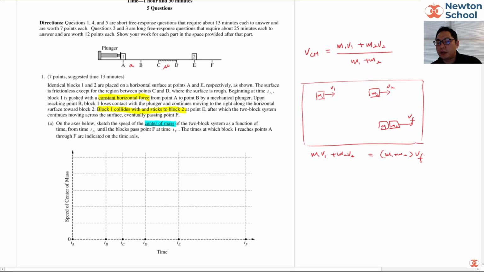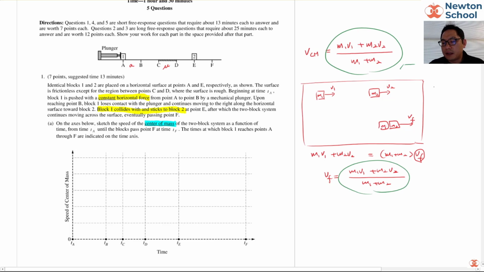I'm pretty sure you've solved many questions like this. If you want to find the final velocity of the two combined masses, you just divide by total mass, right? So V final is M1 V1 plus M2 V2 over M1 plus M2. Now if you compare VCM to this, you'll realize they're exactly the same.